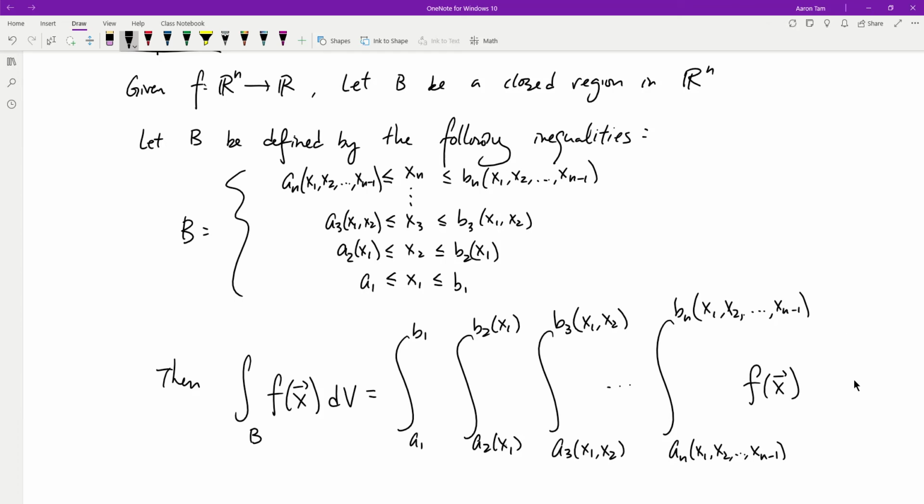And then, because of the way I'm writing out the limits, I have to establish the order dx sub n, dx sub n minus 1, dot dot dot, dx sub 1.